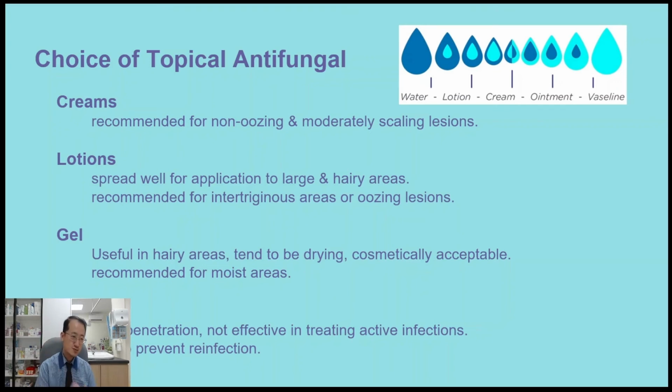A general rule is that gel is usually used over hair-bearing areas. Creams you can use in other areas as well. Lotions are for large hairy areas, and usually recommended for interdigital areas and oozing lesions. Powder has very poor penetration and is not very effective in treating active disease, but it can prevent reinfection.